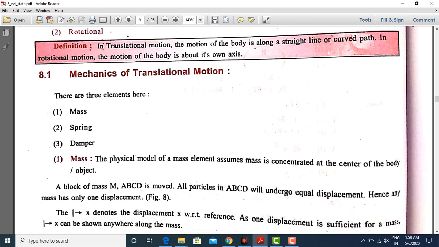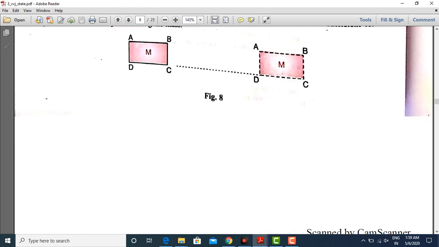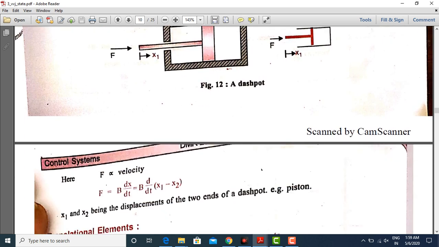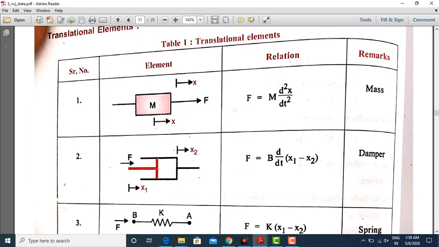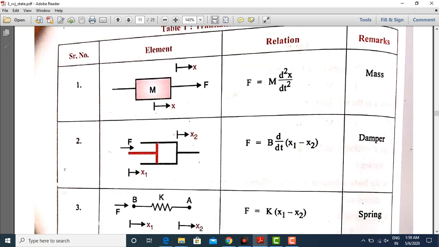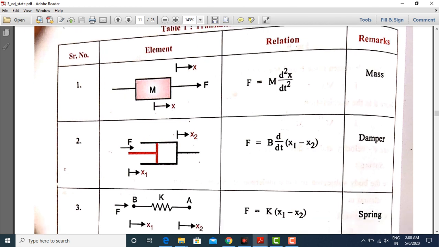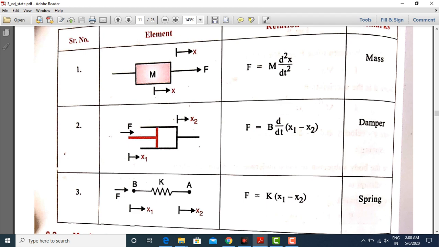The mechanics of translational motion. We have just discussed this mass spring damper by the table. That is only elaborated in this theory. We'll directly move towards this table. These are translational elements, that is mass, spring and damper. We'll see the mathematical expression for this.